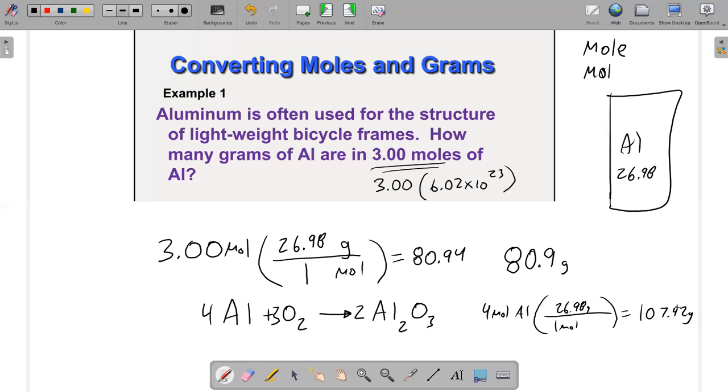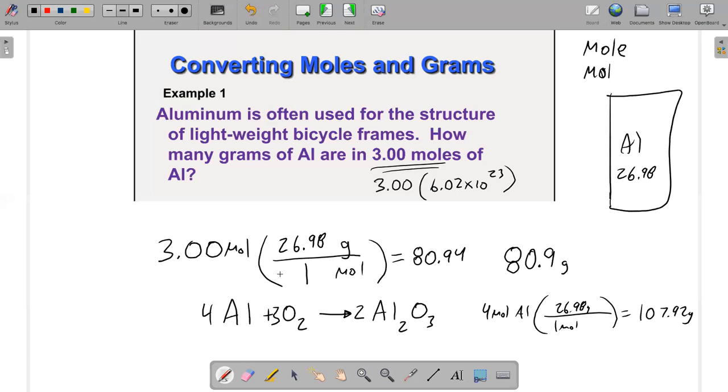So if you wanted to make this one reaction take place with 4 aluminums and 3 oxygens, the mass of aluminum you weigh out is 4 times 26.98, 107.92. And then if you wanted to have the right amount of oxygen, you have 3 oxygen molecules with their appropriate mass, and that gives you the appropriate mass of oxygen.